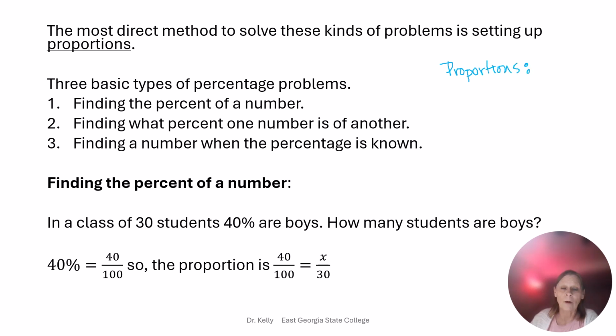It is a fraction, let's say A over B, is equal to another fraction, C over D. And we know that these are equal, and to solve, we can cross multiply. Okay, which is why this is such a direct method.